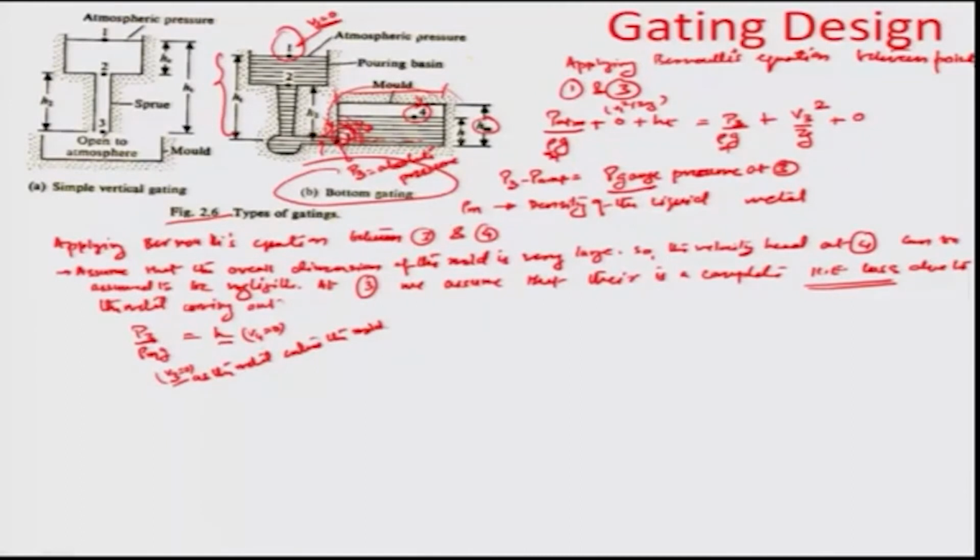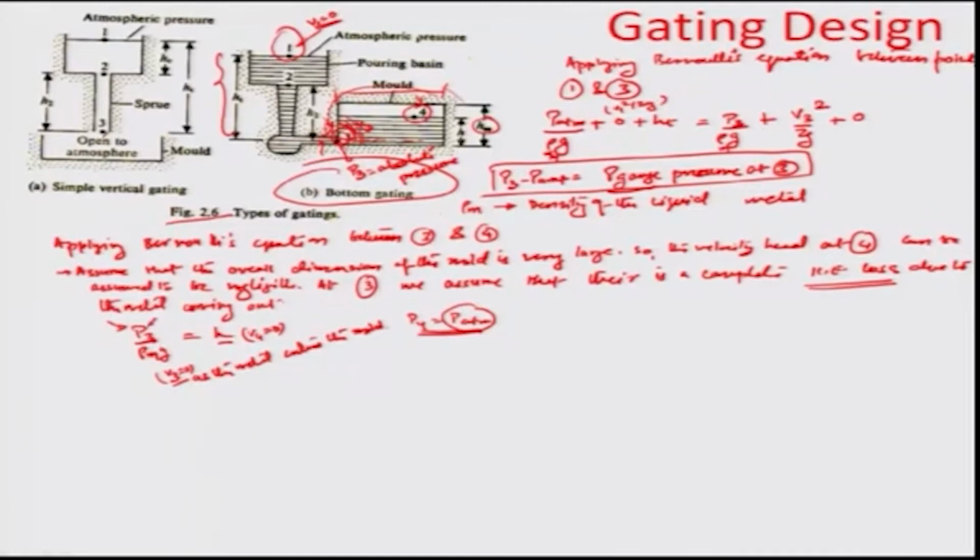Similarly, V 4 is 0, and we assume that P 3 is the gauge pressure. So, basically what we are talking about is the difference of pressure between P 3 and P at 4, where P 4 is equal to P atmospheric pressure. Okay. So, the gauge pressure is always, as you have recalled here, with respect to the atmospheric pressure. So, we can say P 3 minus P atmosphere is actually the gauge pressure here.